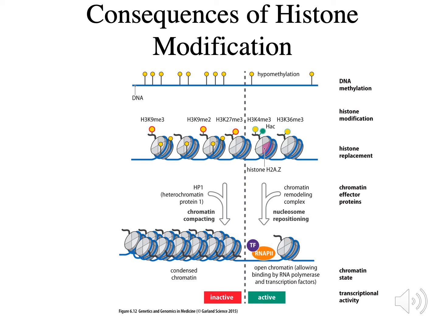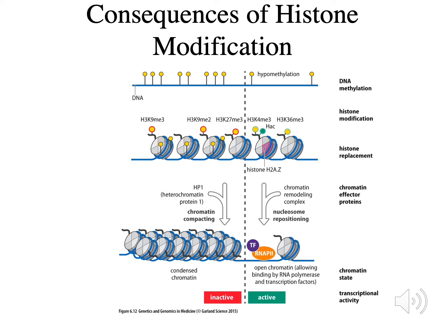And then as we further go down the diagram, we notice that there are different types of chromatin effector proteins, some which promote chromatin compacting, and some which promote nucleosome repositioning.